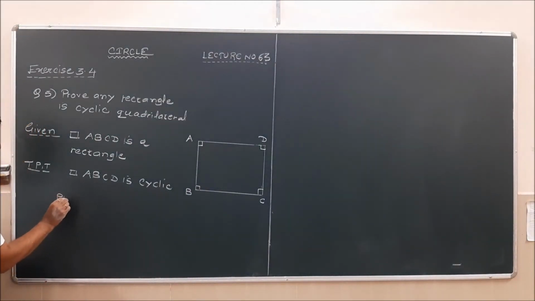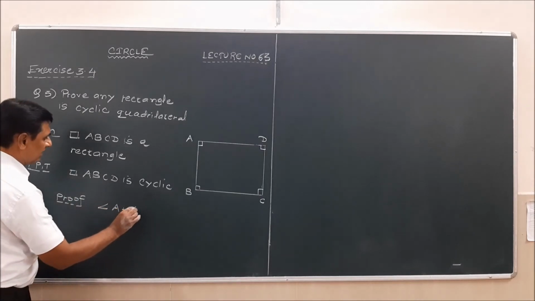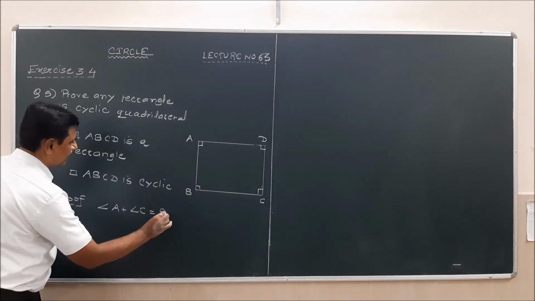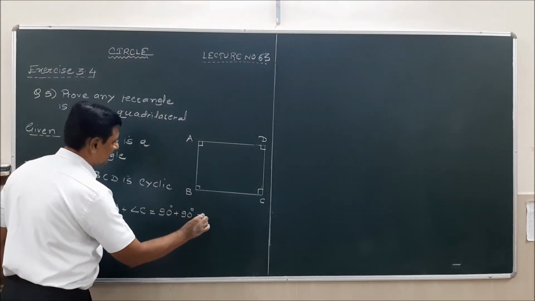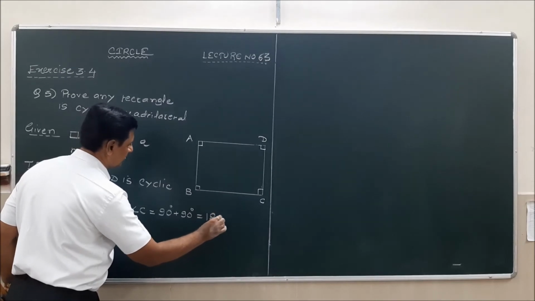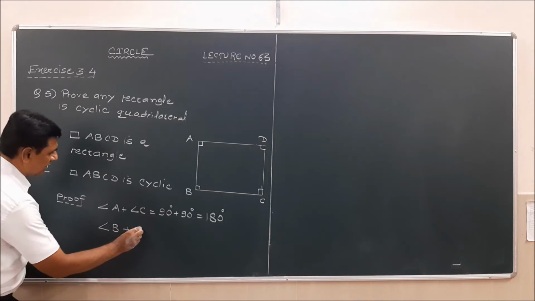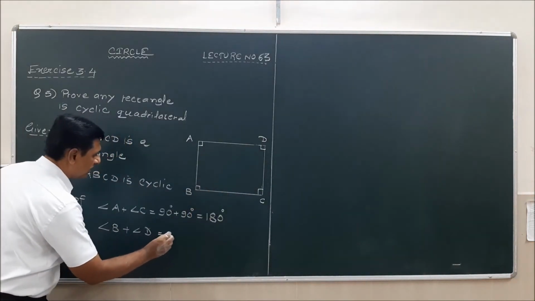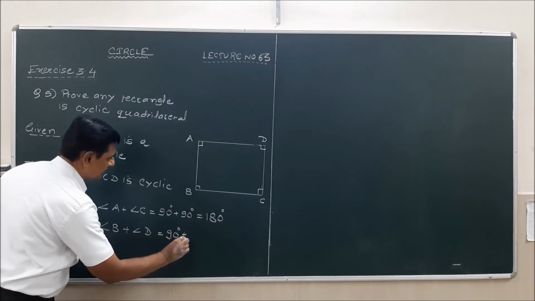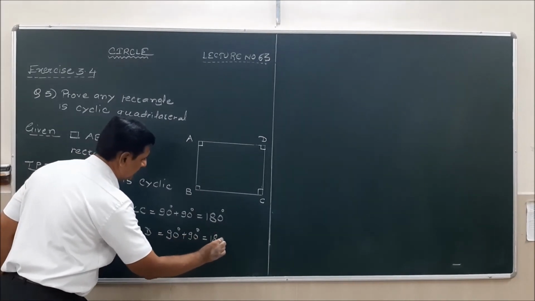Proof. Angle A plus angle C is equal to 90 plus 90, that is equal to 180. Angle B plus angle D is also 90 plus 90, that is equal to 180.